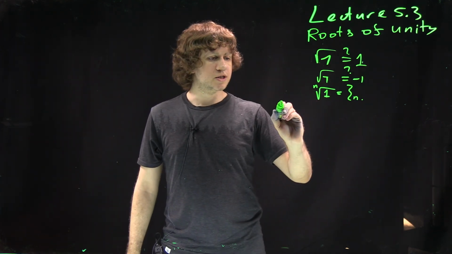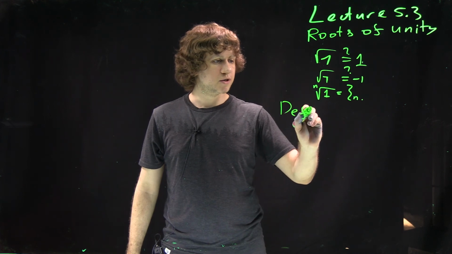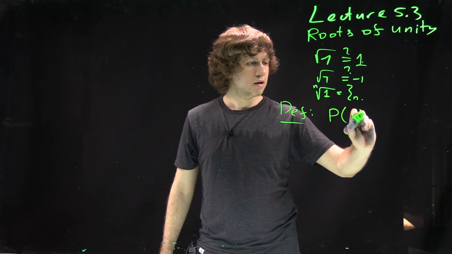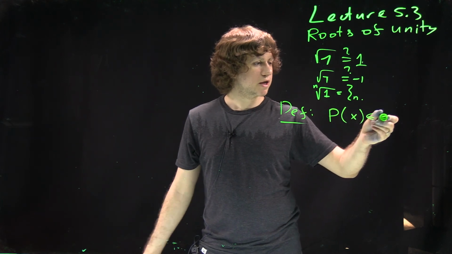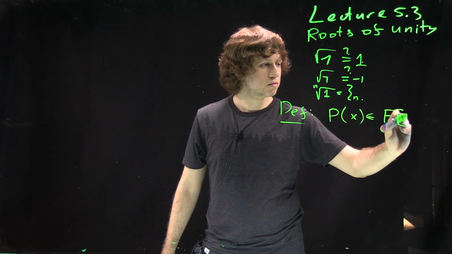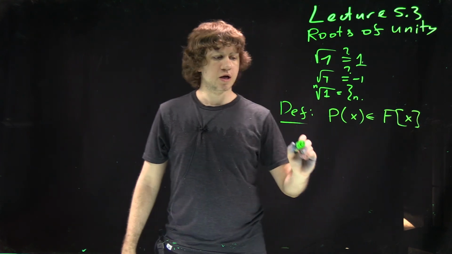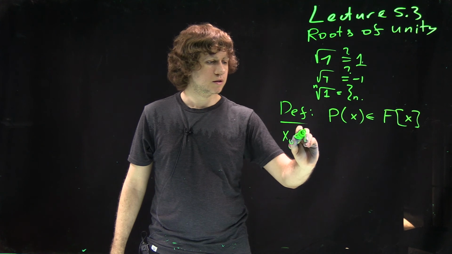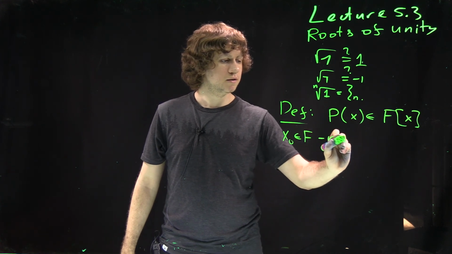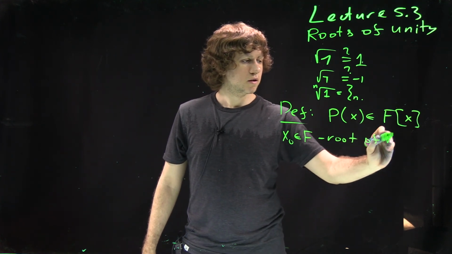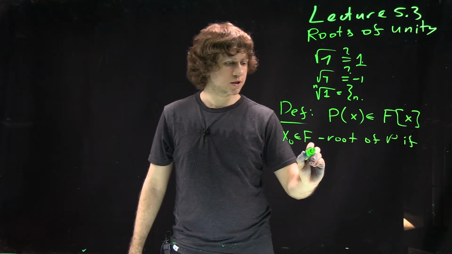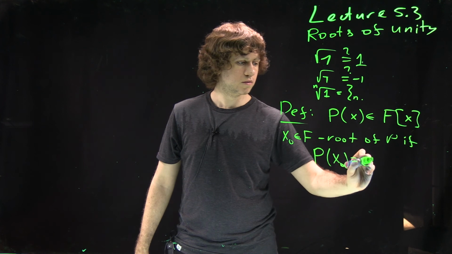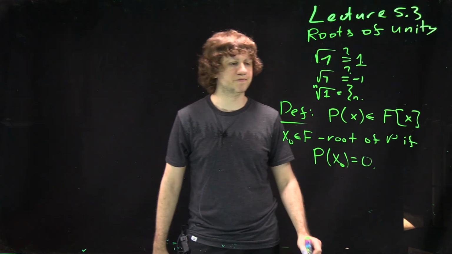So let's start with the definition. Let's suppose we have some polynomial p of x, with coefficients in some field as usual, so it doesn't matter which. Some element in the field is called a root of p if, when you plug it in, you get 0. Very standard.